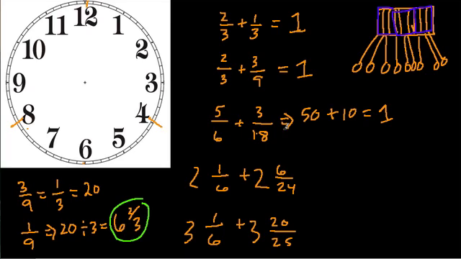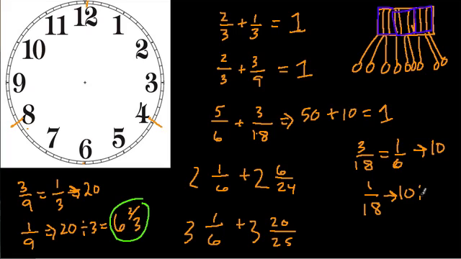This is really just like 5/6 and then 1 more sixth. Now, 18ths are related to 6. We know that 3/18 equals 1/6, which gives us 10 minutes. But what does 1/18 equal? Well, 1/18, just the same reasoning here, is 3 times smaller than a sixth. So if a sixth equals 10 minutes, then an 18th is 3 times smaller, so we divide by 3.